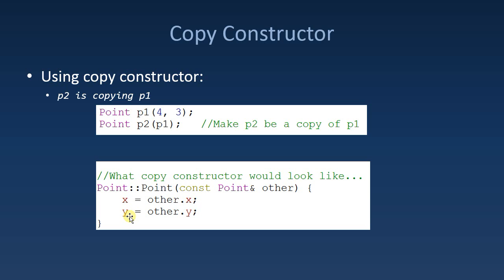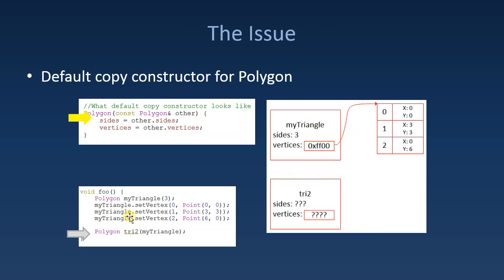Okay, let's take this idea now and look at it in terms of something that manages memory. So I've got my polygon. And polygon, my triangle, I set up this one triangle. And now I make polygon try2, that is going to copy my triangle. Now, if I don't write my own copy constructor, I get this phantom one for free.